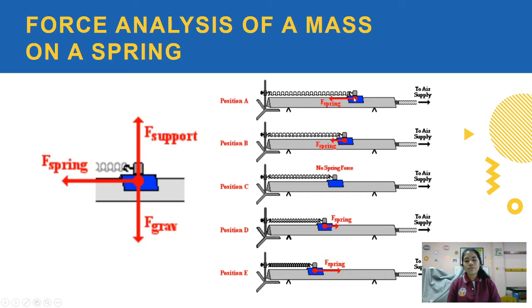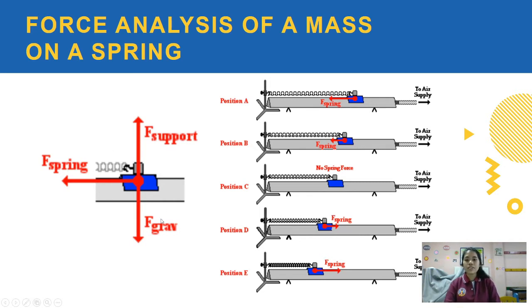Here, the diagram shows an air track and a glider. The glider is attached by a spring to a vertical support. There are three dominant forces acting upon the glider.